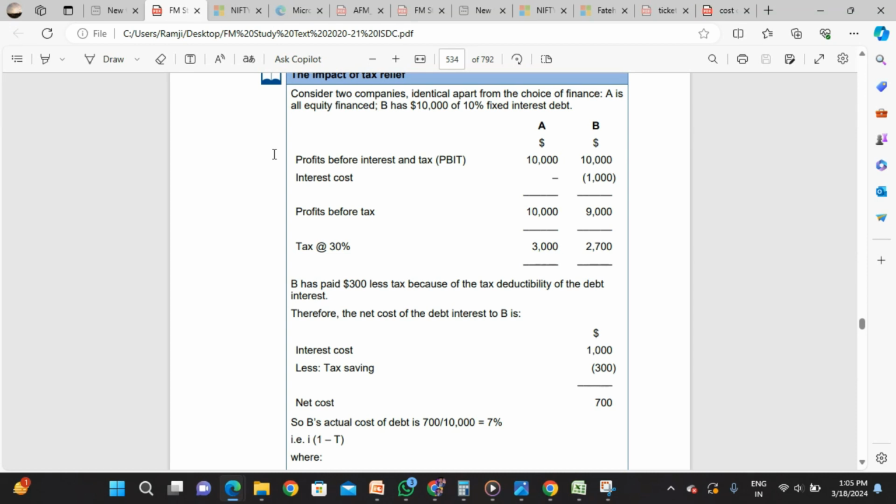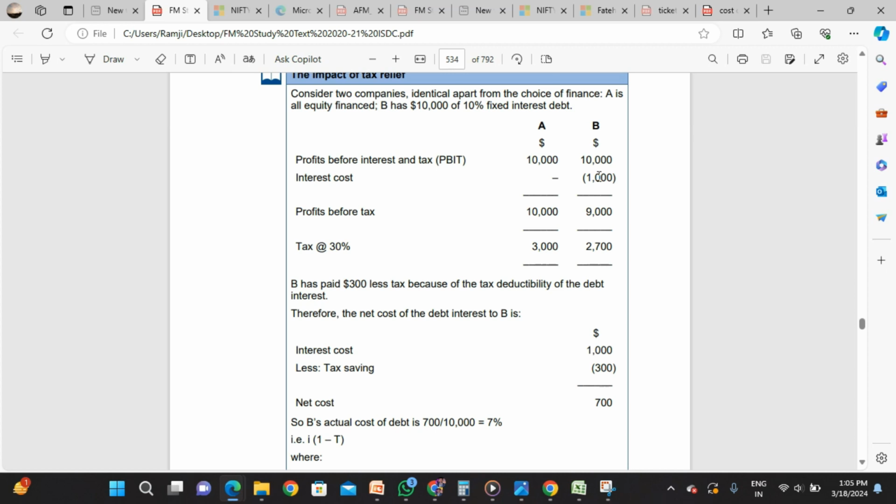Consider two companies identical apart from the choice of finance. A is all equity finance and B has $10,000 at 10% fixed rate debt. The profit before interest and tax is 10,000 for company A and company B also 10,000. Interest cost: A is all equity, so there is no interest cost.